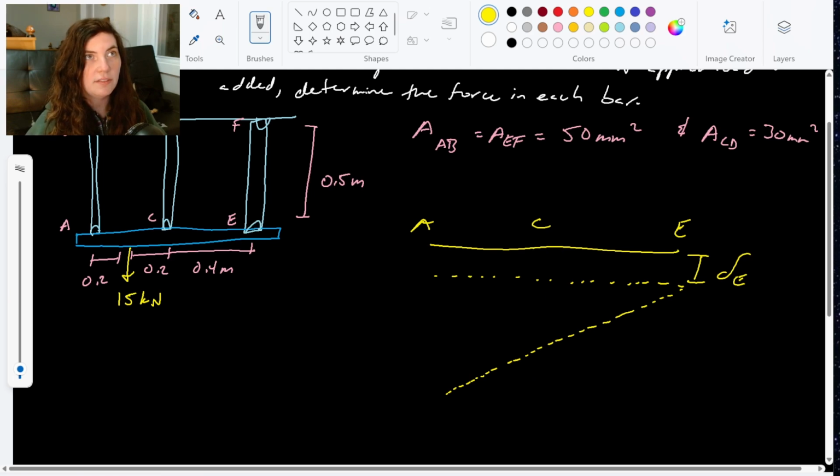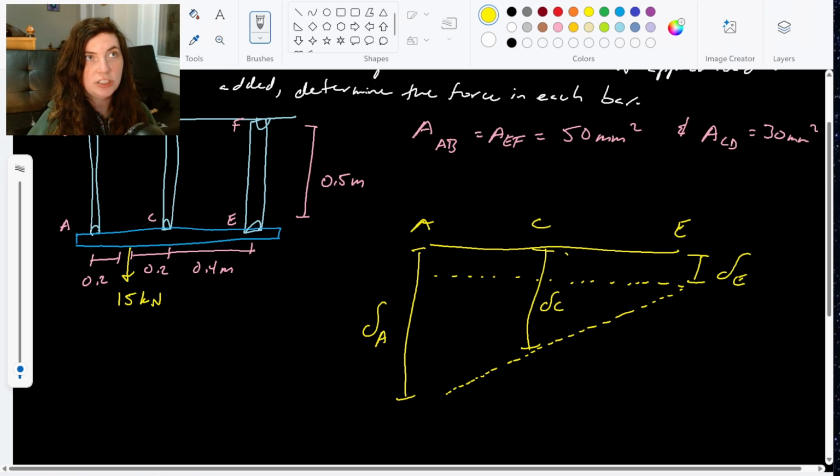So this here is delta C, and this here would be delta A, the displacement for member AB, DC, and EF, right? So it's important to bear in mind that this shift happens first.